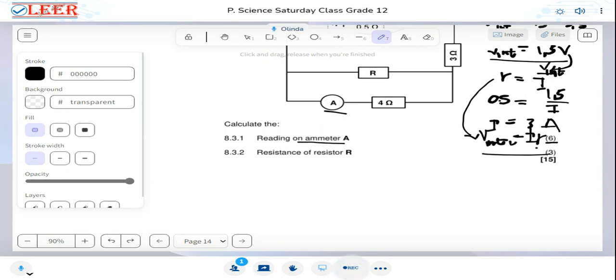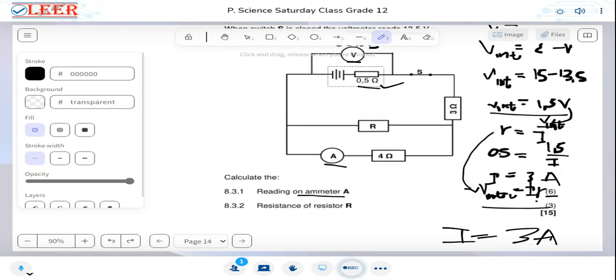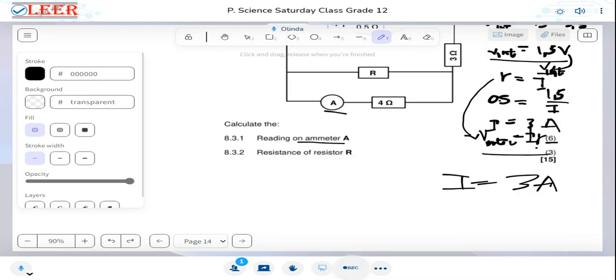when it's in series, because it's in series though. Okay, so our current is 3 amperes. But this is not the reading here. The reading here is when it's connected to the 4 ohm resistor in series.